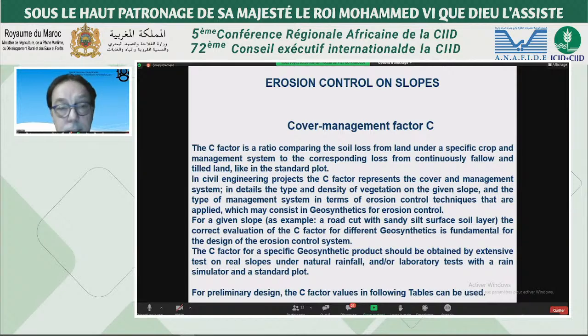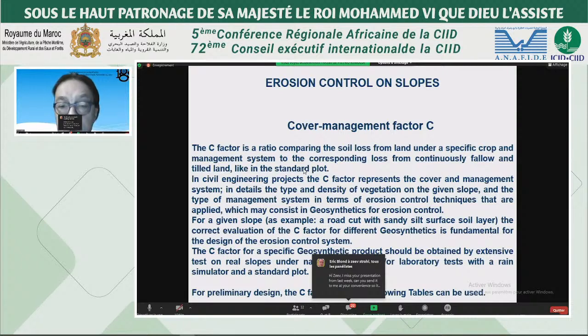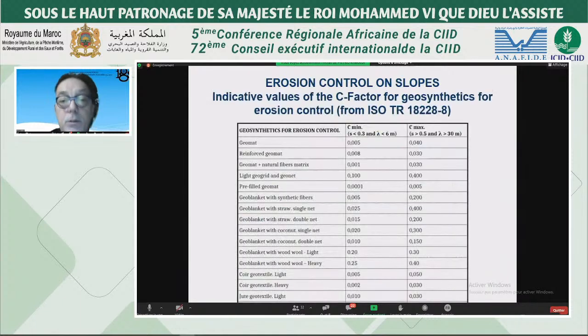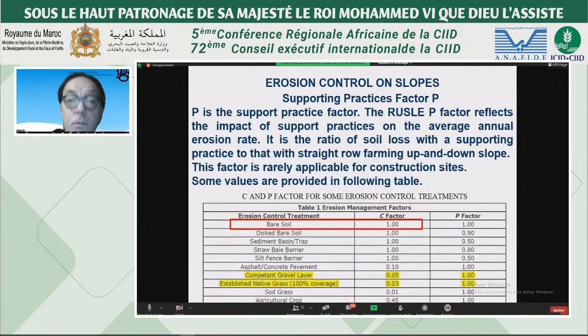Donc, en détail, le type et la densité de végétation sur une pente donnée et le type de système de gestion en termes d'érosion qui sont appliqués peut consister en contrôle en géosynthétique pour le contrôle de l'érosion. On voit là des indicateurs dérivés des standards ISO-TR 18228-8, qui est publié par ISO.